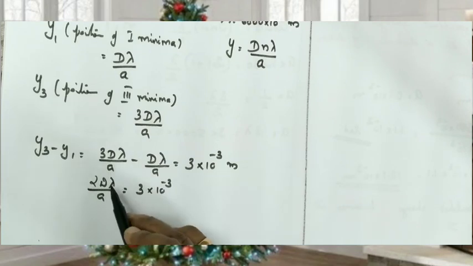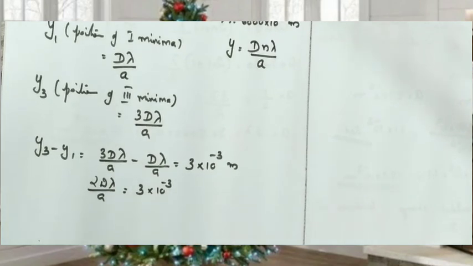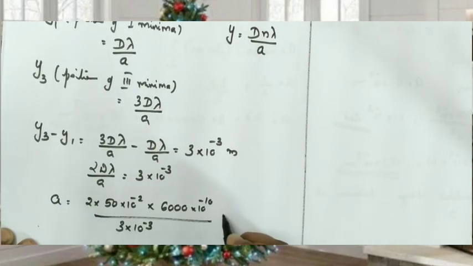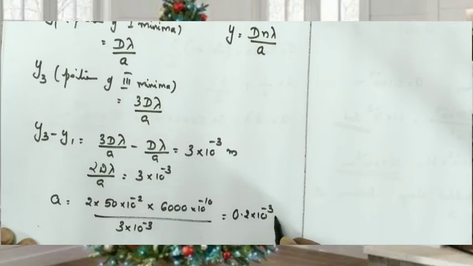All the values are given: capital D is known, lambda is known, so we can find a. After simplification, the answer is 0.2 into 10 raised to minus 3 meter, that is 0.2 millimeter. Okay children.